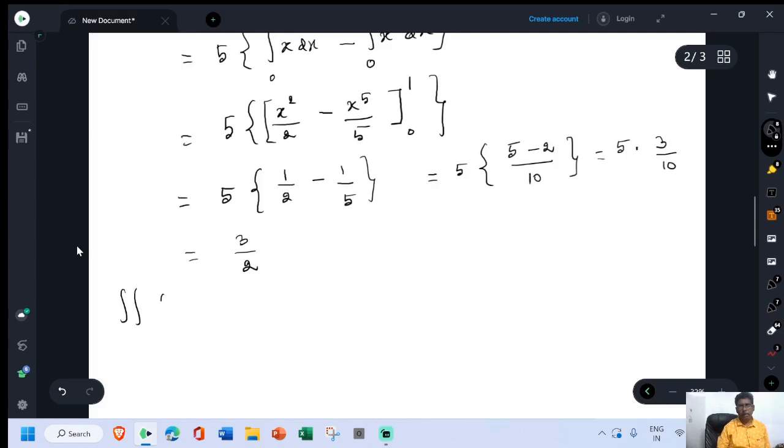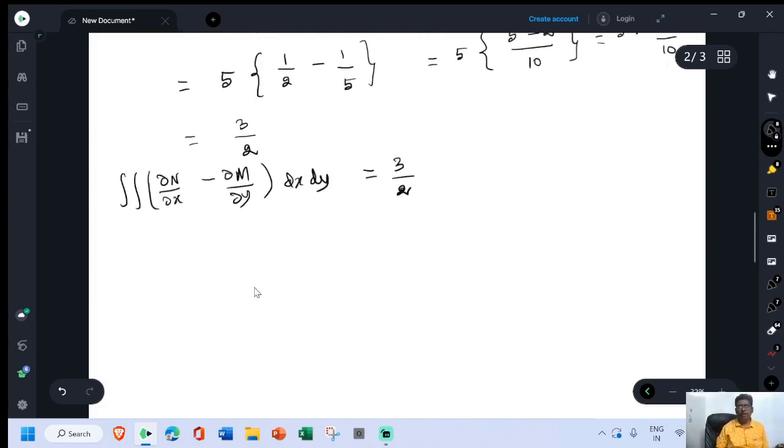The double integral of ∂n/∂x minus ∂m/∂y into dx dy is equal to 3 by 2.